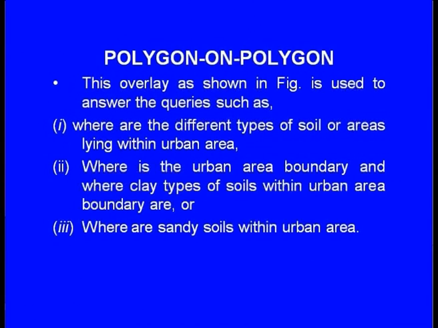Polygon on polygon. This type of overlay is shown in the next figure, where it is used to answer queries such as where are the different types of soils lying within the urban area, where is the urban area boundary, where are the clay type of soils within urban area boundaries, or where are the sandy soils within urban areas.